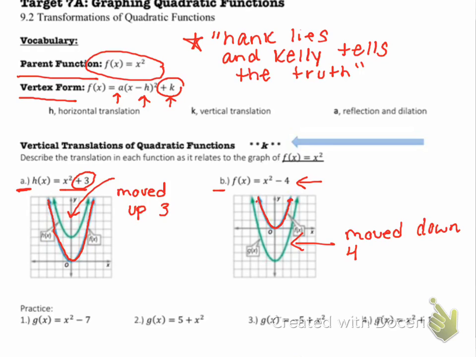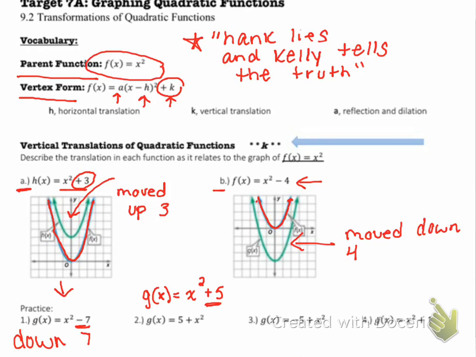Looking at these practice problems, let's do 1 and 2 together, and then you can try 3 and 4 on your own. In number 1, I've got minus 7, so I'm going to go simply down 7 from my parent function. Number 2 is trying to trick us because it's not written in standard form, so I'll rewrite that, making sure to take the signs in front.